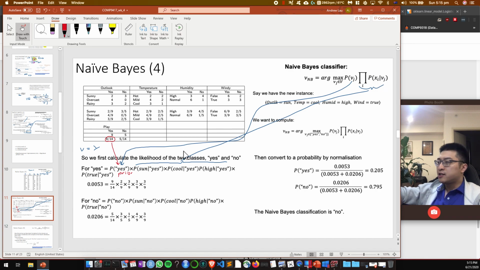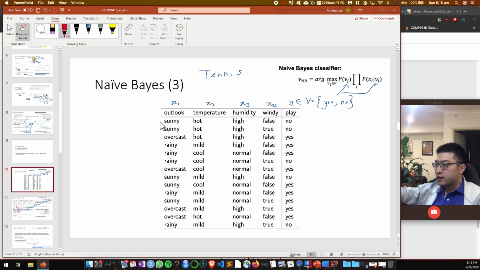Then we go through the rest of our formula. You go through each of the features and put in the empirical probability. So feature 1, let's say sun. What's the probability of it being sunny, given it's a yes, we play tennis?